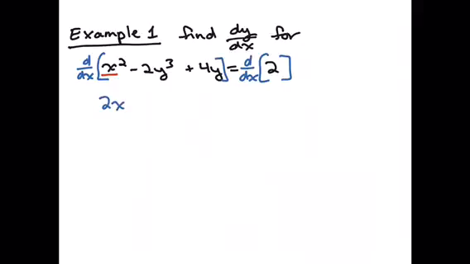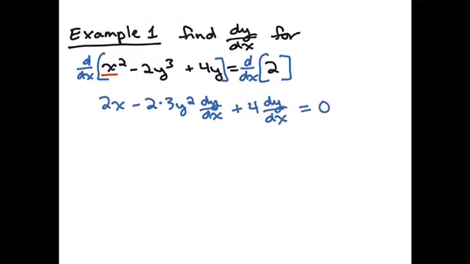When I take the derivative of negative 2y cubed, the negative 2 stays out front. And we just did the derivative of y cubed. It's 3y squared times dy/dx, because it's a chain rule problem. And for the 4y term, we keep the 4, and the derivative of y is dy/dx. And the derivative of 2 is 0.